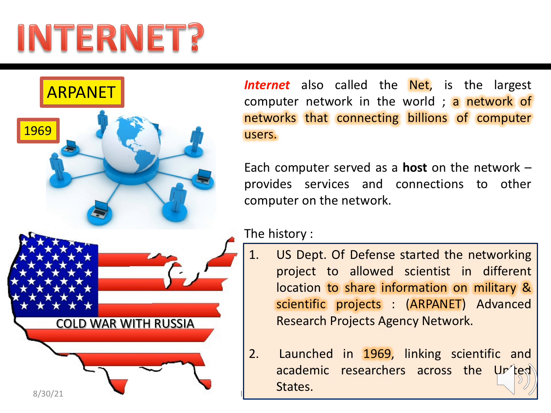Before we proceed in detail about the internet, first of all you must know the history of the internet. The internet was launched in 1969 across the United States. What was the function of the internet at that time? The US Department of Defense started using the network project to allow scientists in different locations to share their information, and also for the military.